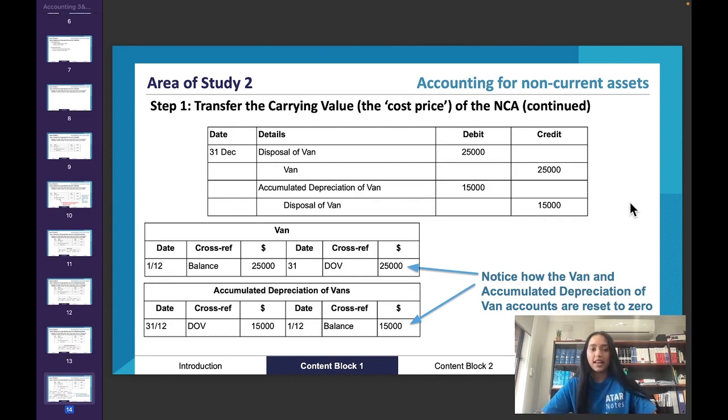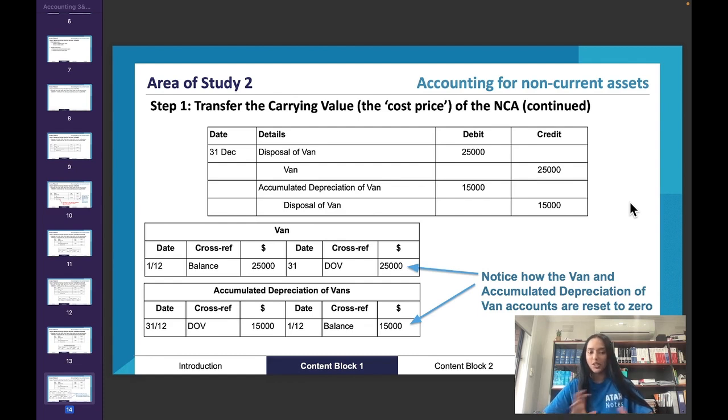And you'll notice that after these entries have been recorded, the van and accumulated depreciation of van accounts are now reset to zero. So in the van's case, the opening balance was on the debit side, and then there was a credit entry of the same amount as that opening balance.